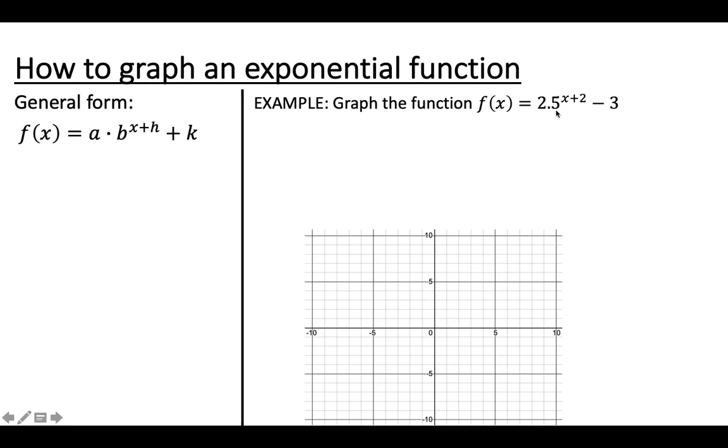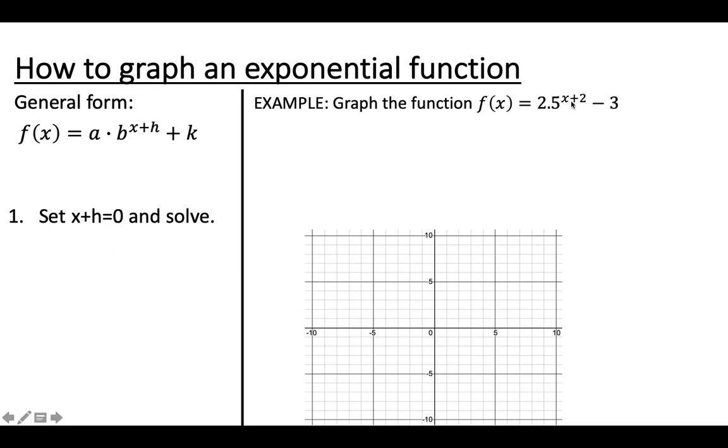We're going to do 2 to the power of x plus 2 in the exponent spot, minus 3. I'm going to put the steps over here on the left side, and then I'm actually going to do those steps under the example simultaneously. So I'll say what the first step is and then do it. Then we'll talk about the second step and do it. All right, the first thing you want to do is take the x plus h part, just the exponent, and put it equal to 0 and solve that.